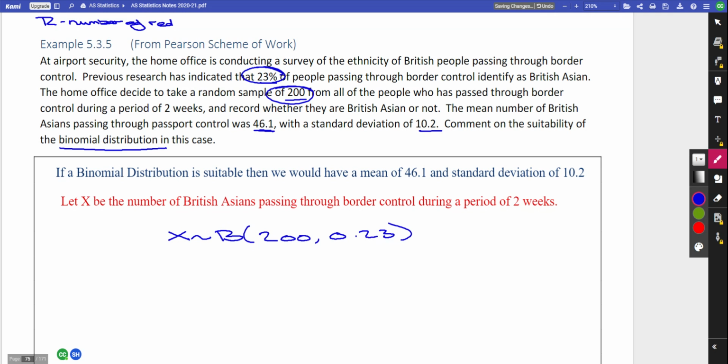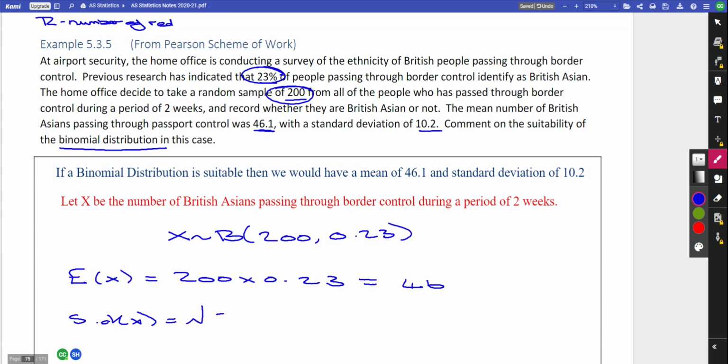So using the distribution, we have an expected value of 200 times 0.23, which is 46, and we have a standard deviation, which is the square root of the variance, remember.